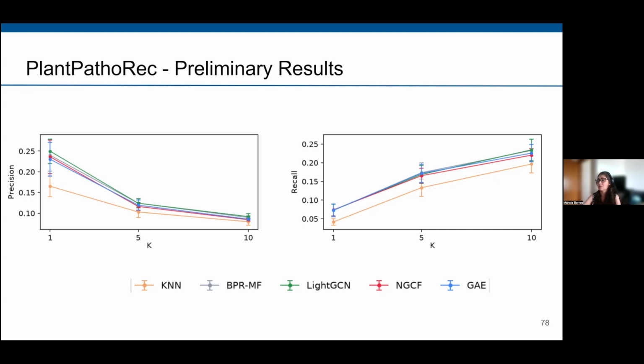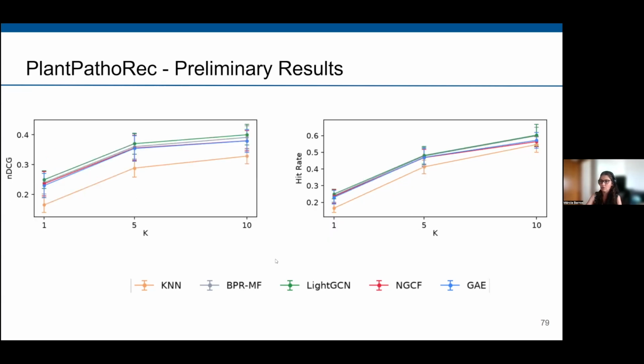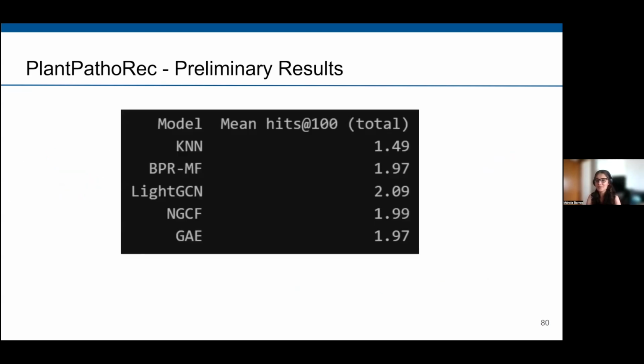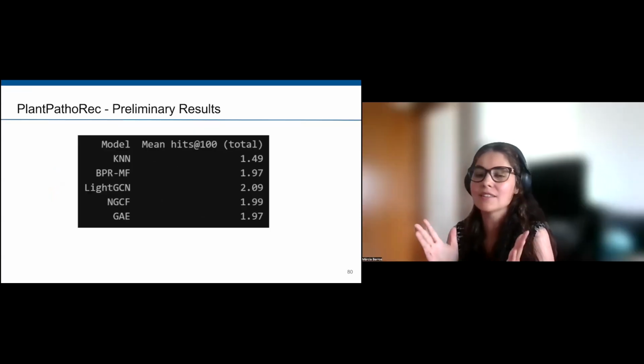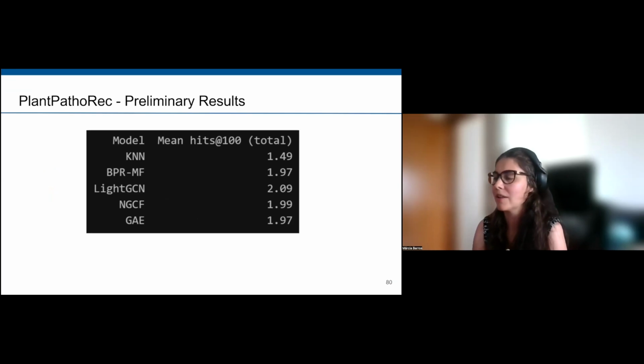And actually, with this simple graph, LightGCN got the best results for all of the metrics. But what I really like to analyze in these results was the mean hits at 100. I will explain why. But for example, using LightGCN, all of the pathogens have relevant microbes included in the top 100. Okay, why is this relevant?